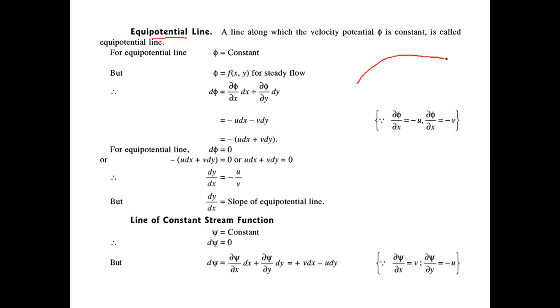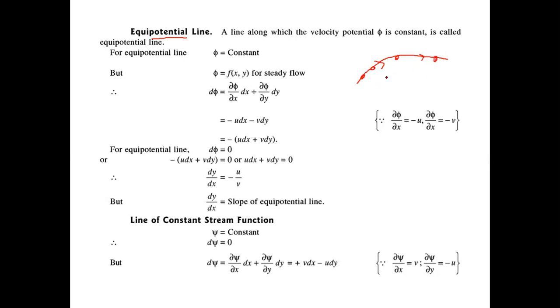Suppose I have a line which represents a fluid flow. On this line, let's say I have many fluid particles: fluid particle 1, fluid particle 2, fluid particle 3, fluid particle 4.